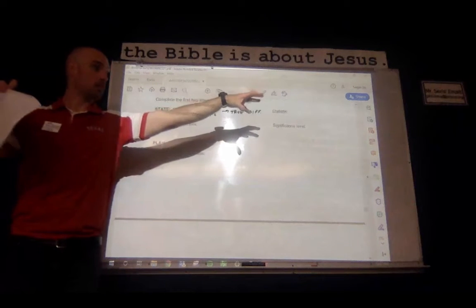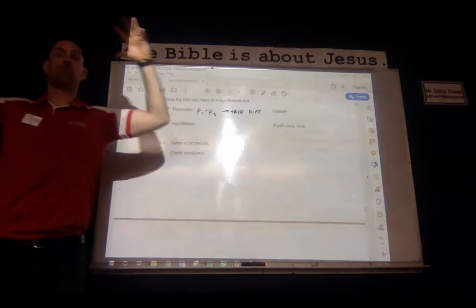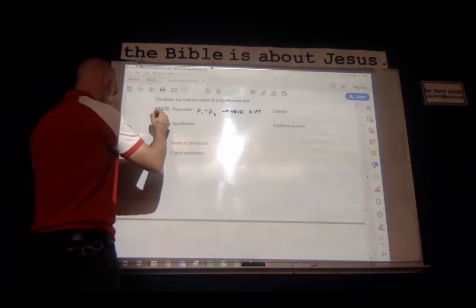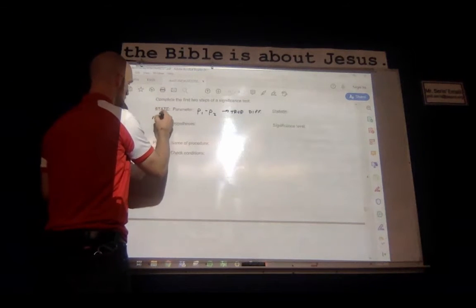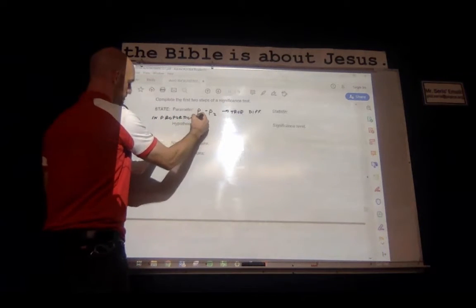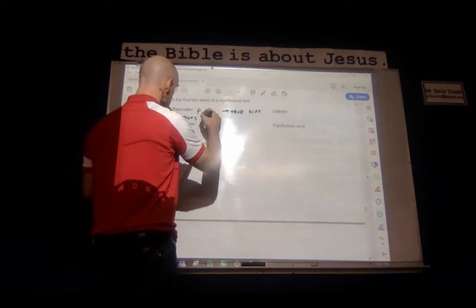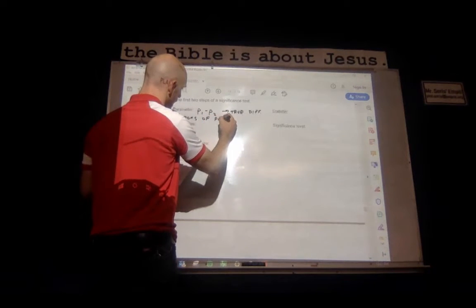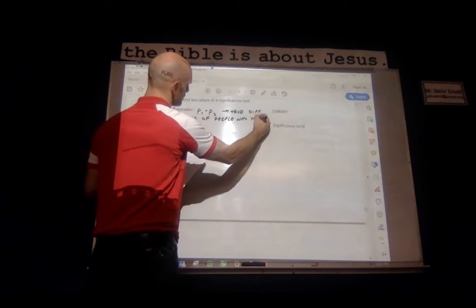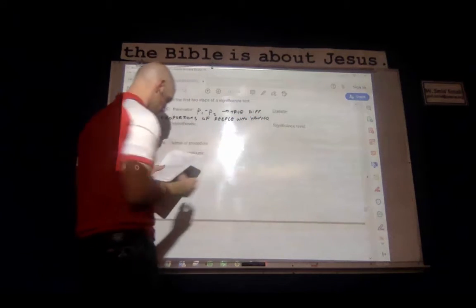Statistics talk about the specific case. So if our parameter is talking about the whole thing, then this is going to be the true difference in proportions of people who yawn. Okay? Of people who yawn.